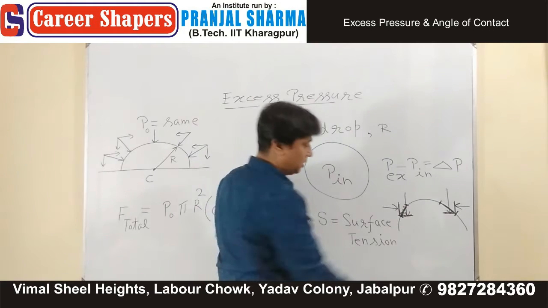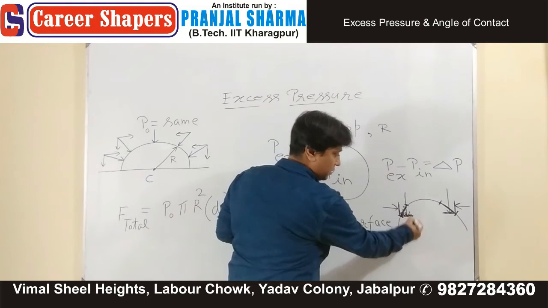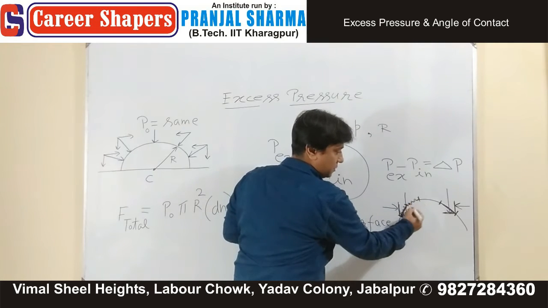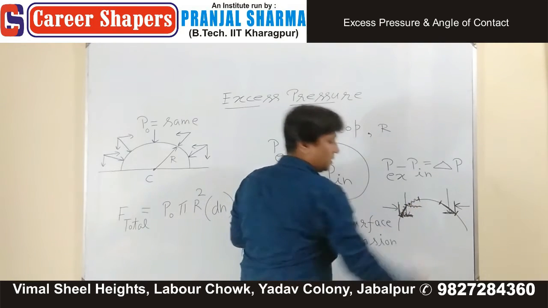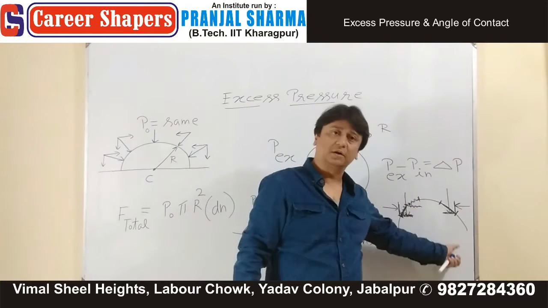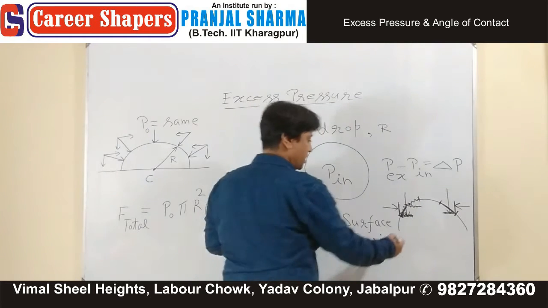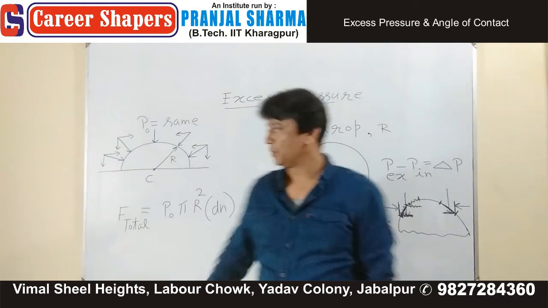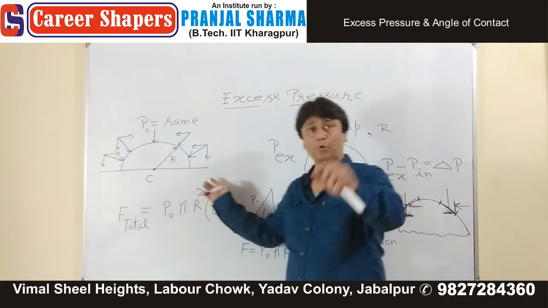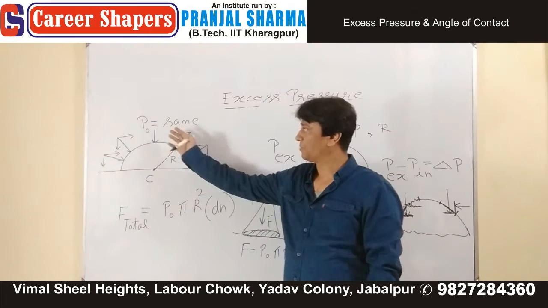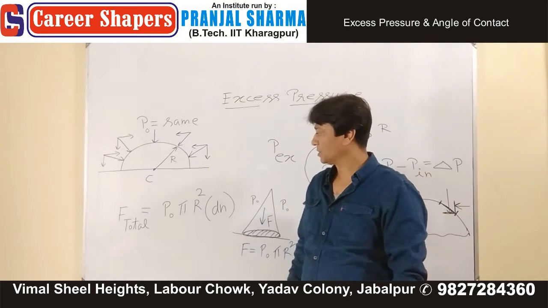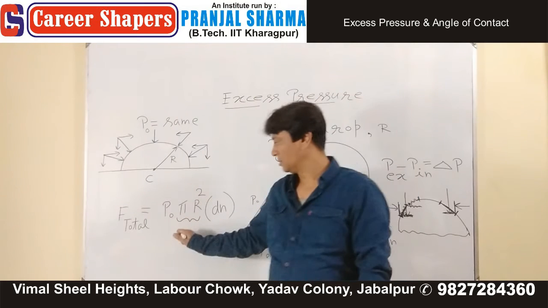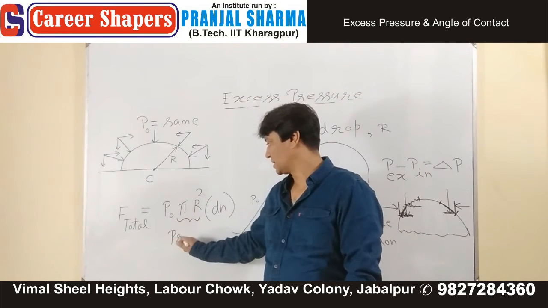Projection of this area over here, projection of this area over here. And if you go for the entire curved surface, what is the projected area which you get? This much. So in one line you can use this thing, provided outside pressure is the same. This pi r square, remember, is the projected area.